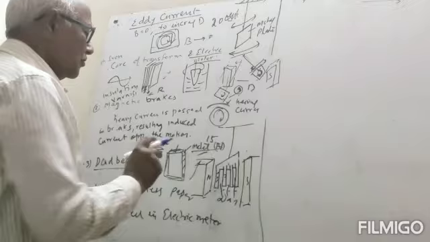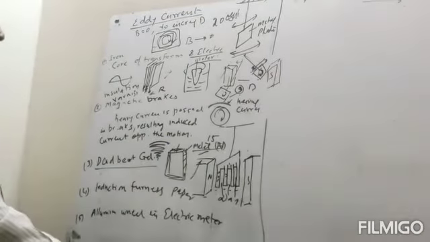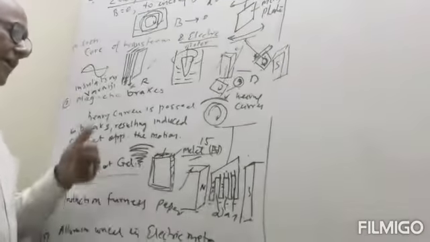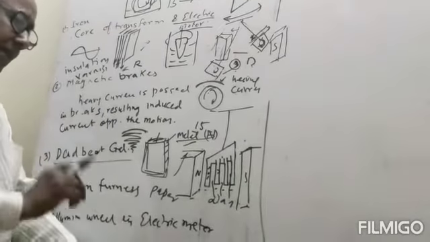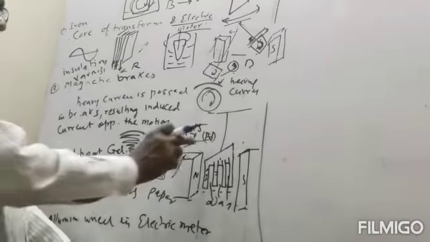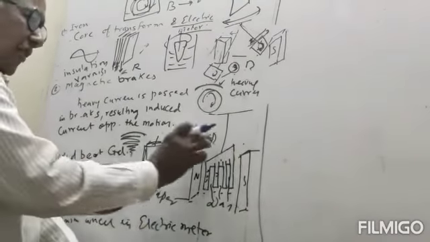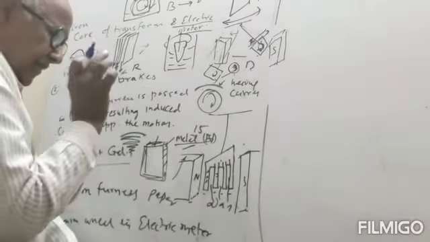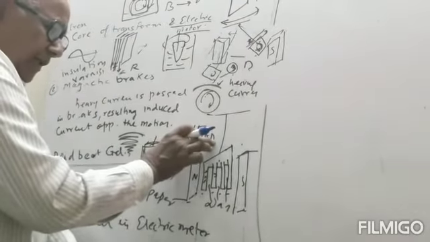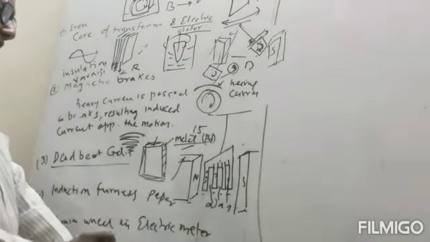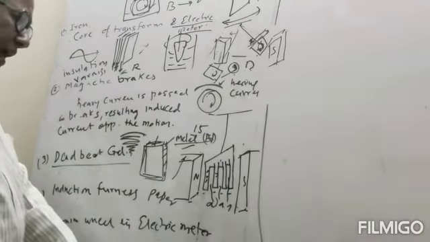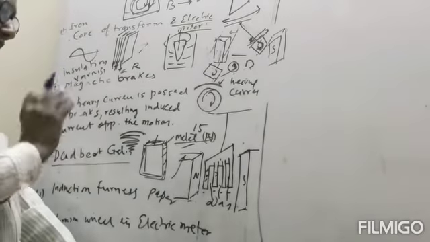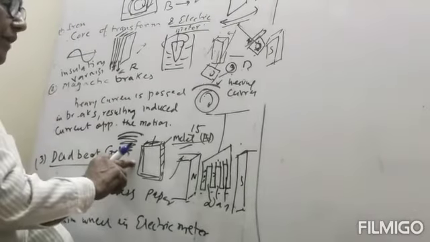So in the deadbeat galvanometer, the frame of the coil is made up of light material, and that is aluminum. If it is not aluminum, if it is a non-conducting material, suppose it is paper or cardboard, then it will oscillate many times, and after many oscillations it will give the deflection.